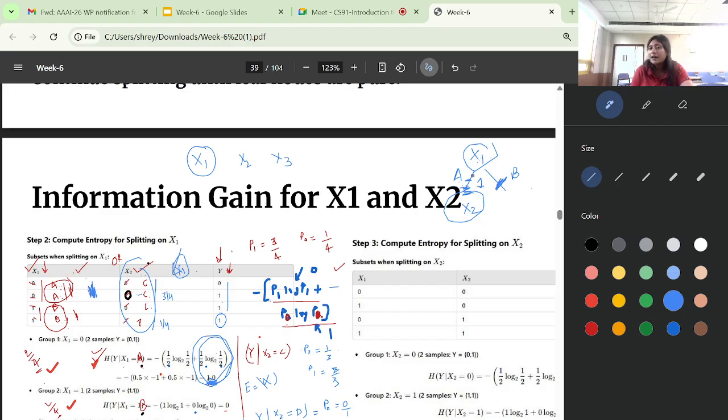That's why these are two separate regions, because they lead to two different leaves. So the number of leaves gives you different regions in your data set which are mutually exclusive. This part of the data will belong to this region, and this part of the data will belong to this region.